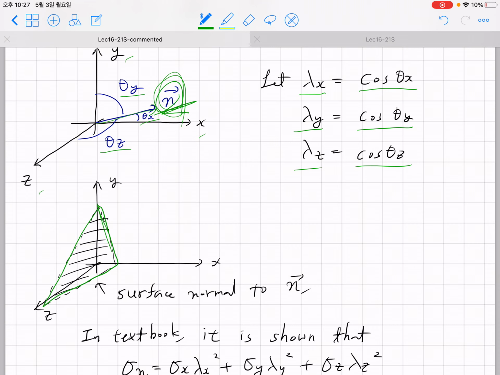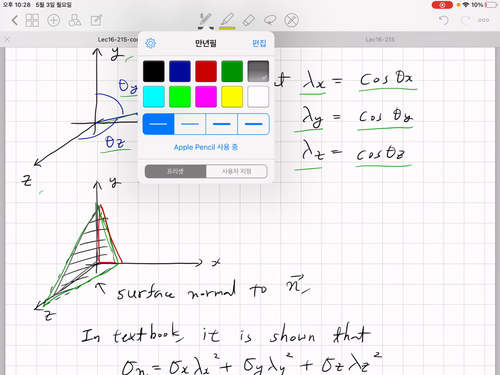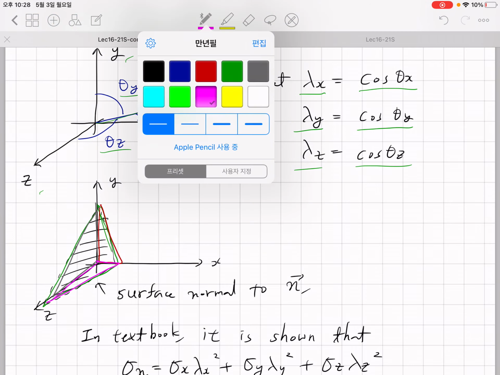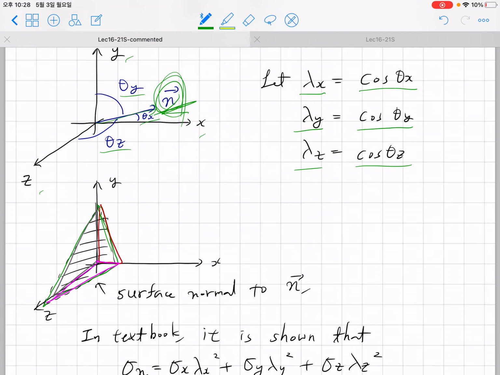Then what you can imagine here is we have that triangle plane, we also have the bottom triangle surface, and finally we have this inclined surface.